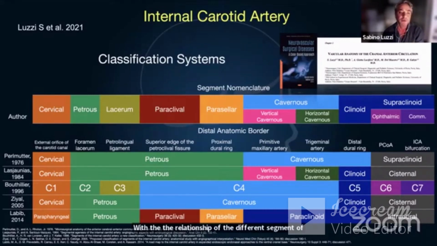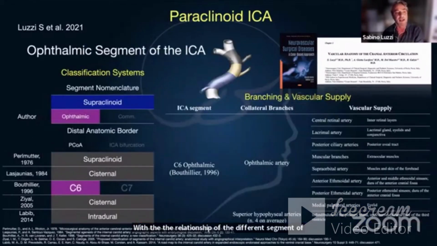When we perform this kind of approach, we basically face the so-called C5 and C6 segments, namely the paraclinoid and ophthalmic segments of the internal carotid artery, and it is very important to keep this relationship in mind.